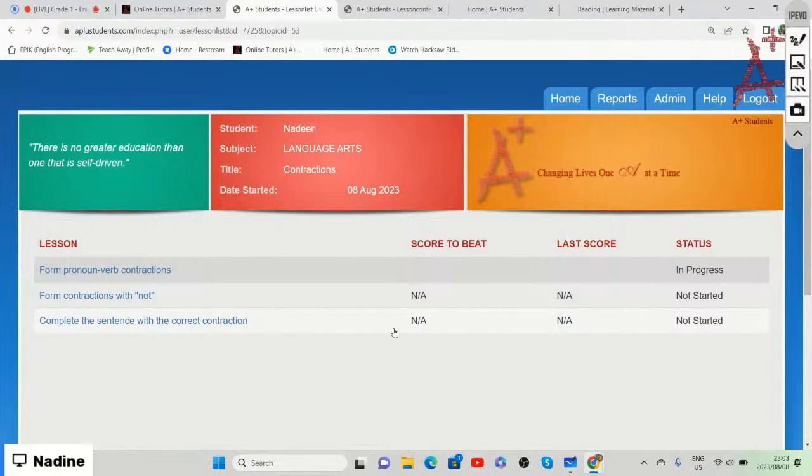Once we're in the chapter of contractions, our focus lessons for today are to form pronoun verb contractions, to form contractions with not, and to complete the sentence with the correct contractions. Before we start, we're going to go into our first lesson, which is form pronoun verb contractions.